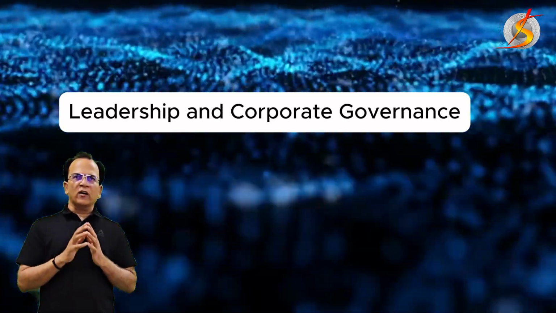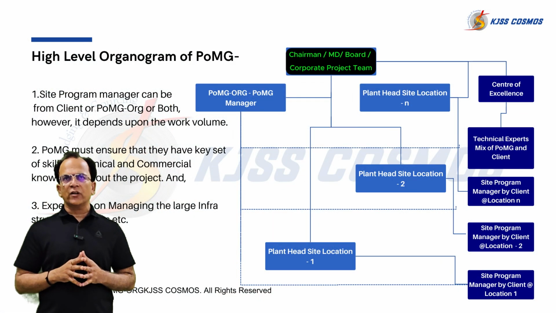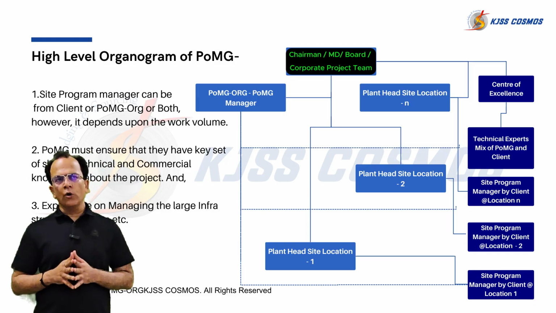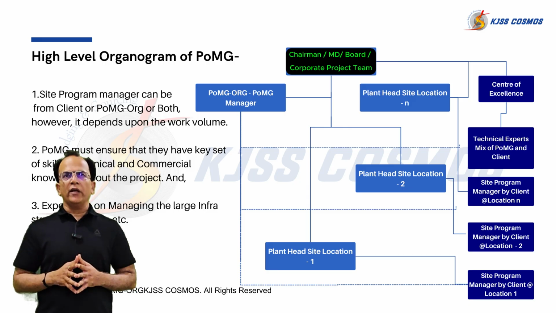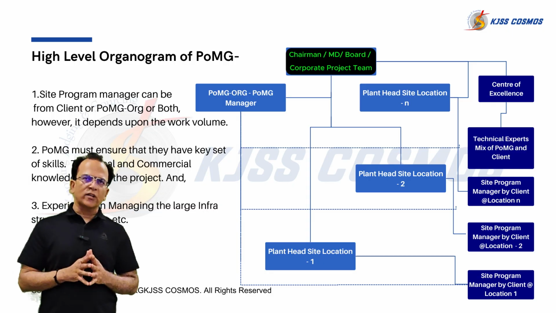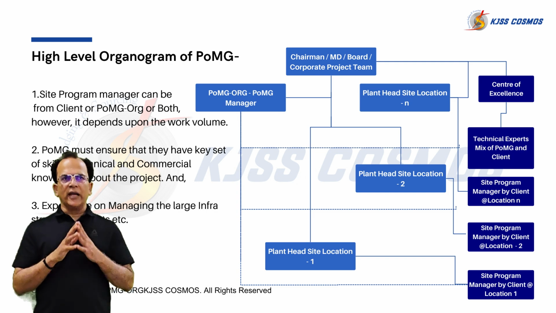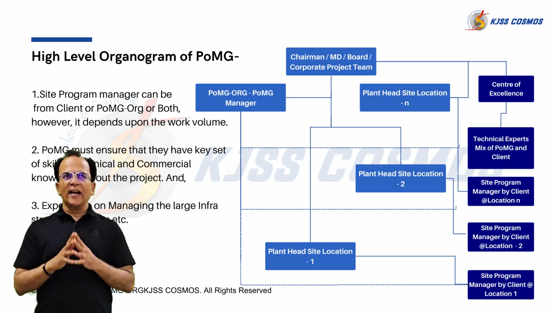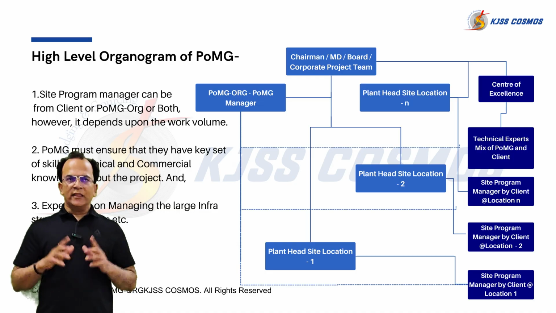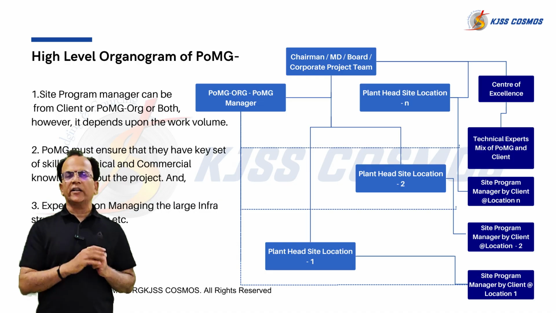Leadership and corporate governance is mainly taken care of by the chairman of the organization or managing director or board or corporate project team. This is the highest governing body responsible for strategic decisions, policy making, and corporate governance. It takes care of the overall project direction and ensures alignment with the business objectives. They provide guidance and approval on critical organizational initiatives.